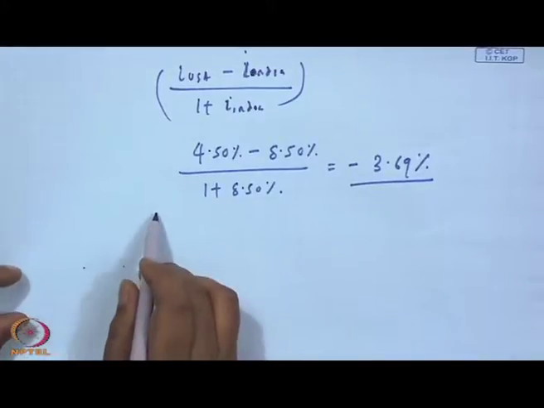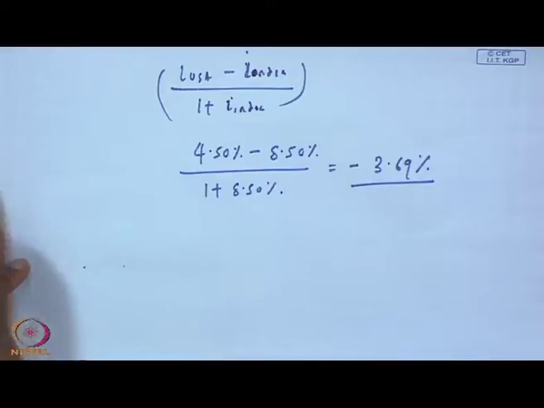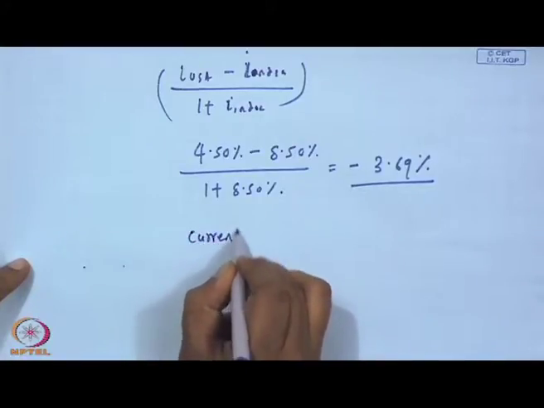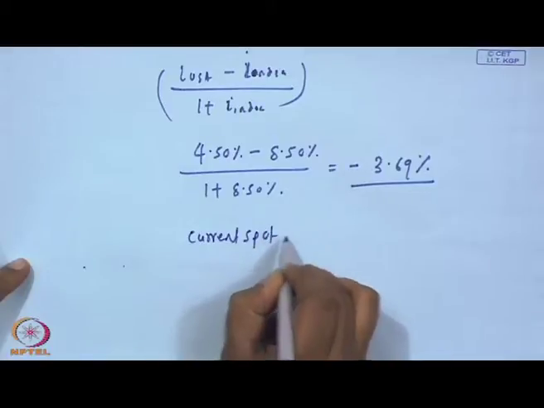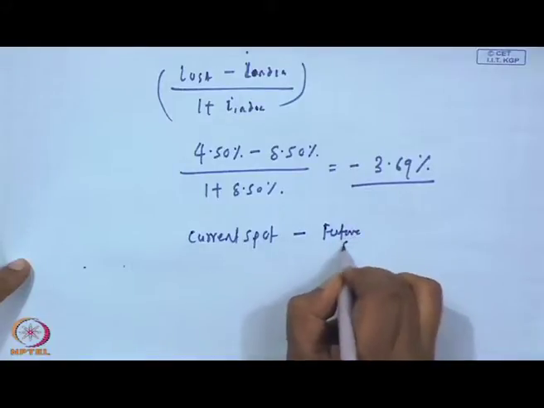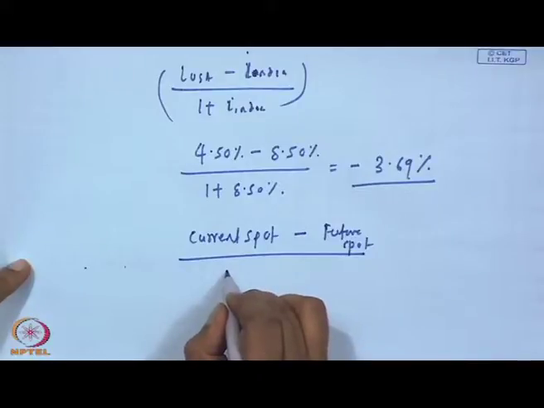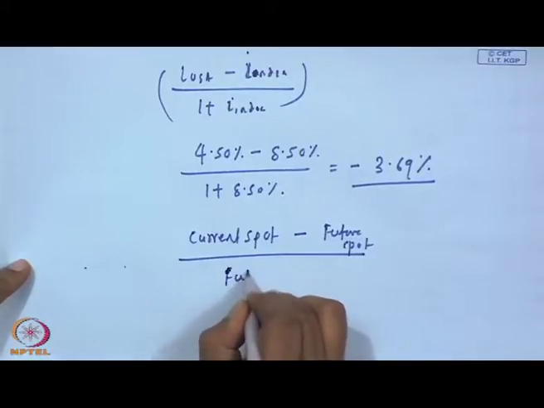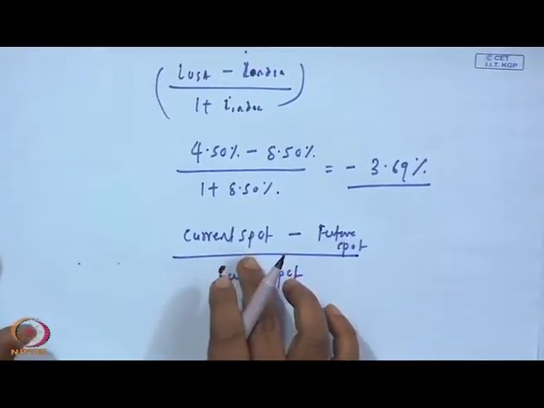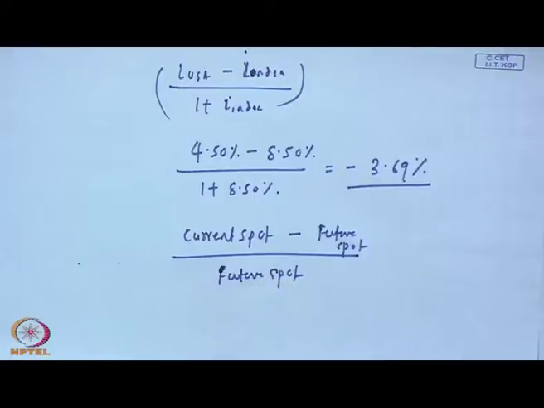The formula is here. If you see the formula, current spot minus future spot divided by future spot.